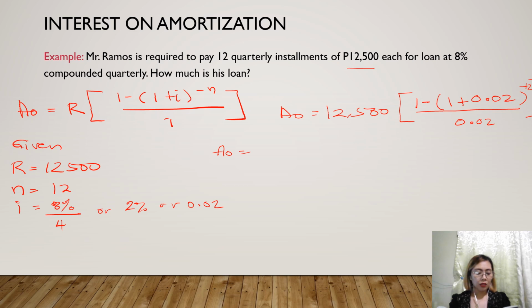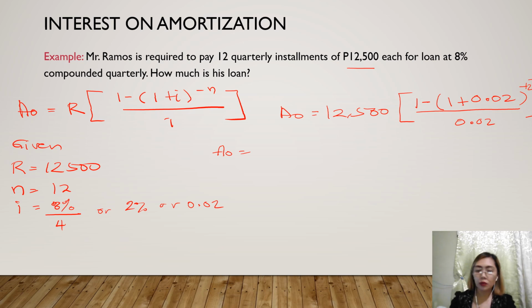Okay, so 1 minus quantity 1 plus 0.02 raised to negative 12 divided by 0.02. Then close parenthesis. Ayan. So, ganito siya sa calculator ko kasi may fraction ako dito. Then, equal lang natin.